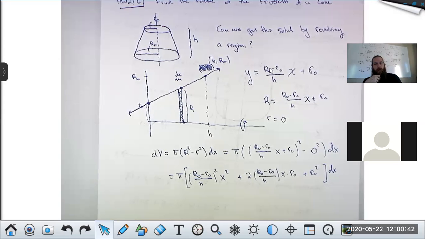So the slope is big R naught minus little r naught over h, and the y-intercept is little r naught, which means that the equation of the line, mx plus b, is this slope times x plus this y-intercept. Any other questions on the setup here? How we found that equation, how we found dV.